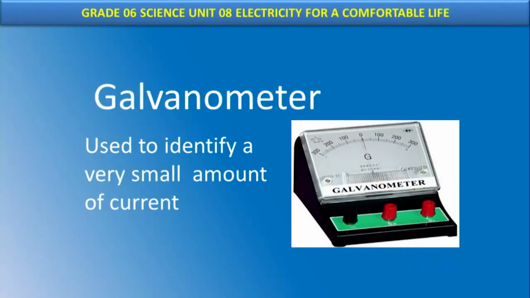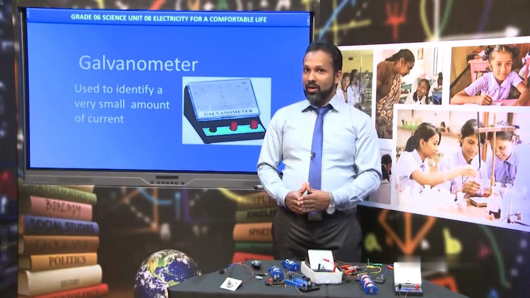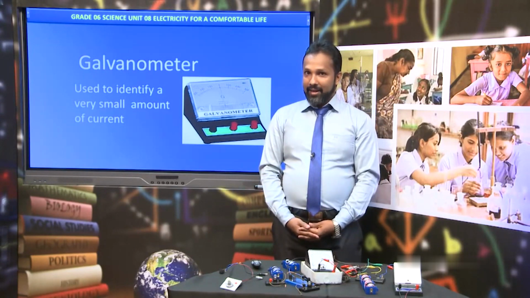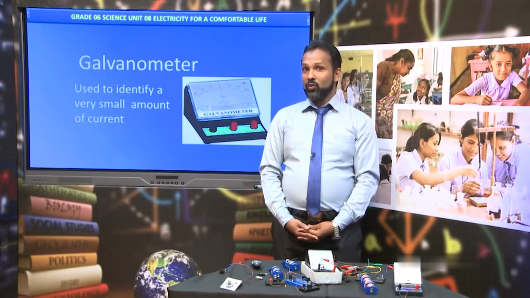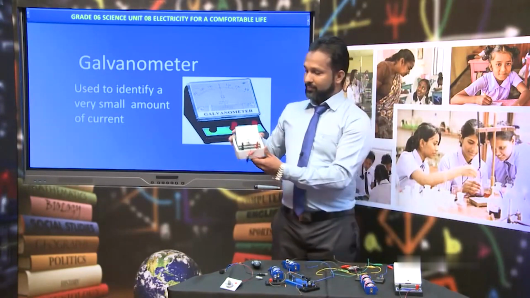In the previous program also, I showed you a galvanometer. Today also, I am going to show you a galvanometer, and I am going to explain the use of the galvanometer. This is the galvanometer.